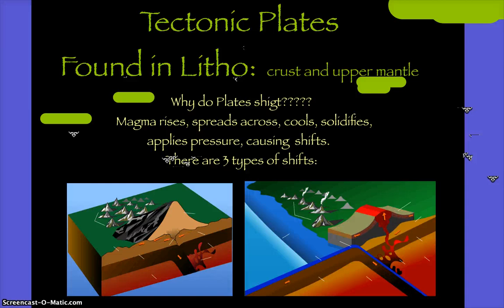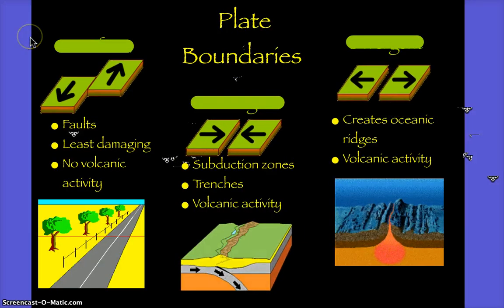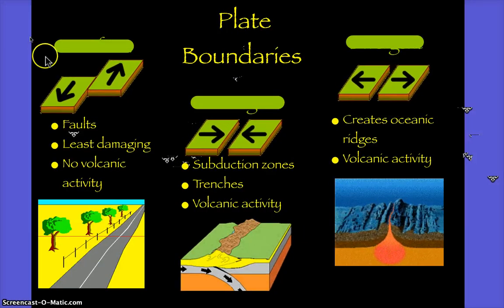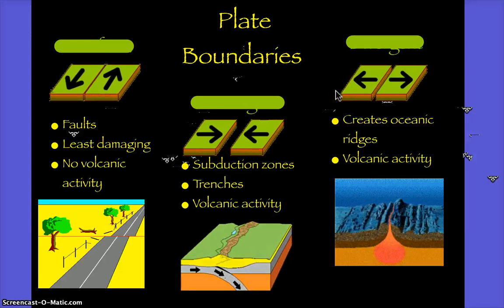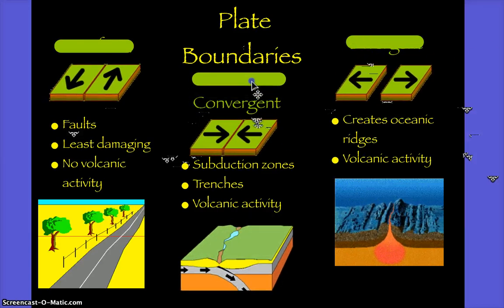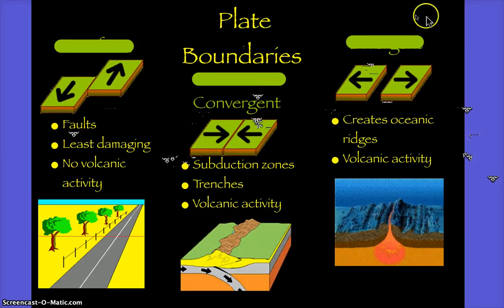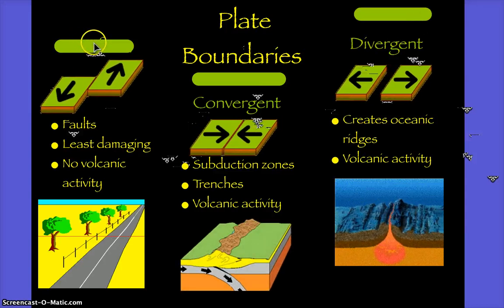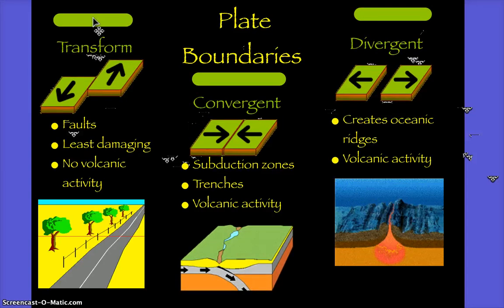Are we ready? So, when the plates shift, there's 3 different types of shifts that occur. Pick one, anybody. When plates come together, we call that convergent. When plates shift apart, divergent. And the last one is called transform. Nobody ever gets me that answer.